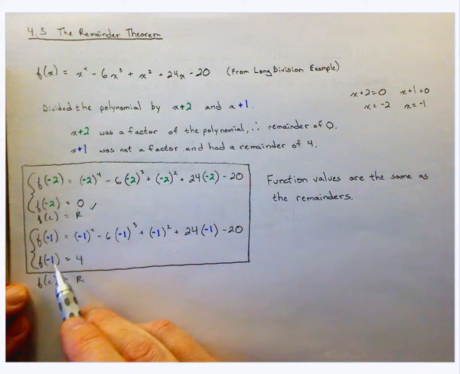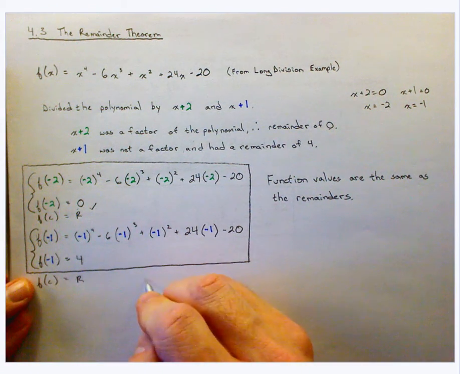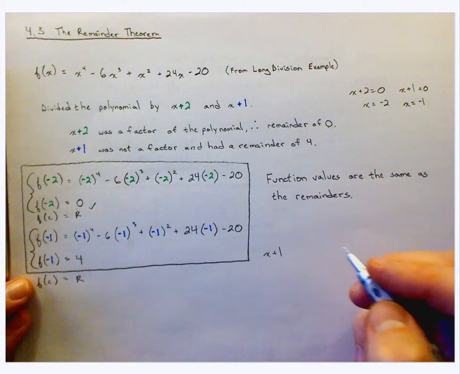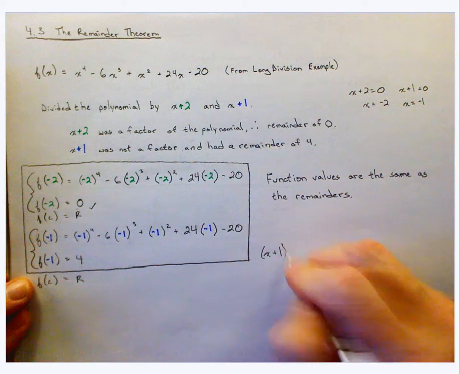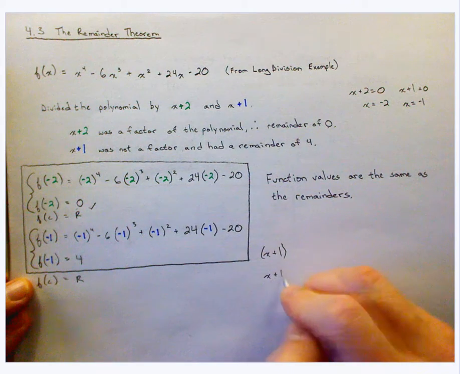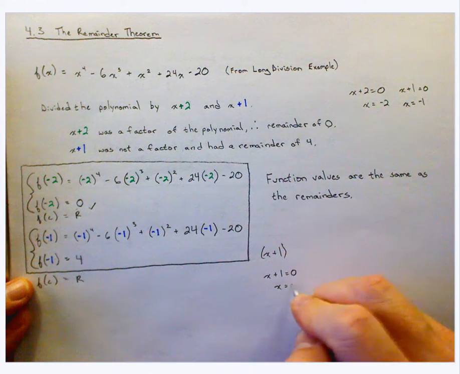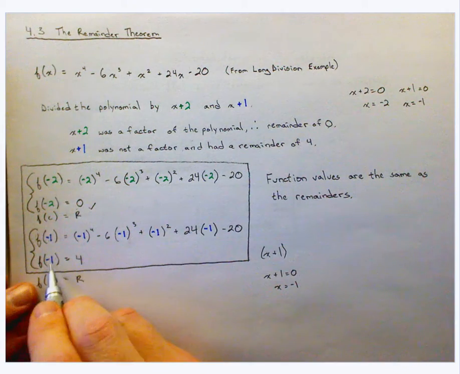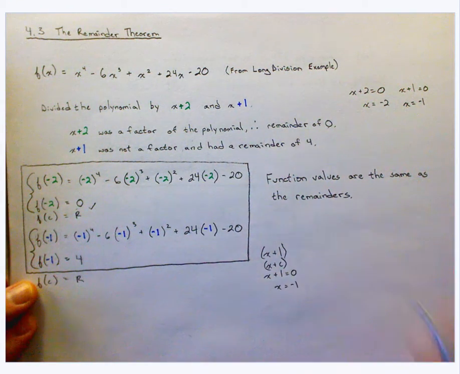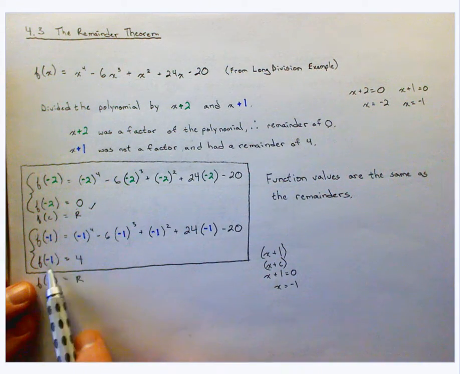Well, my x plus 1, write that out over here, x plus 1, that was my initial divisor, so what does x equal? I just set it equal to 0, so x equals negative 1, that's why I have a negative 1 in here. That is c. This is my remainder. From that problem, we had a remainder of 4. That is actually my function value.